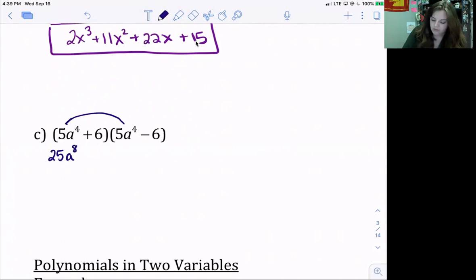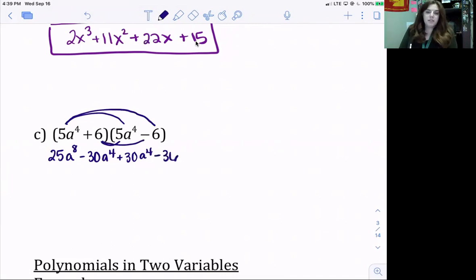Distribute again, we have 5a to the 4th times negative 6. 5 times negative 6 is a negative 30, a to the 4th. 6 times 5a to the 4th gives us a positive 30, a to the 4th. And 6 times negative 6 is negative 36.